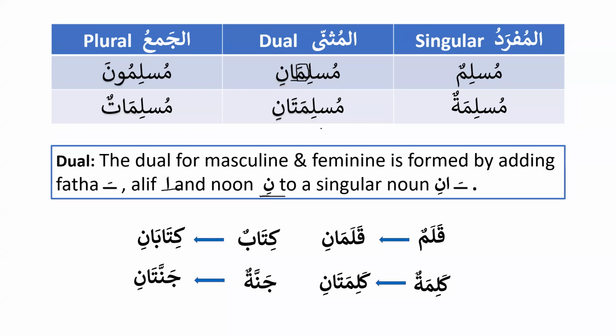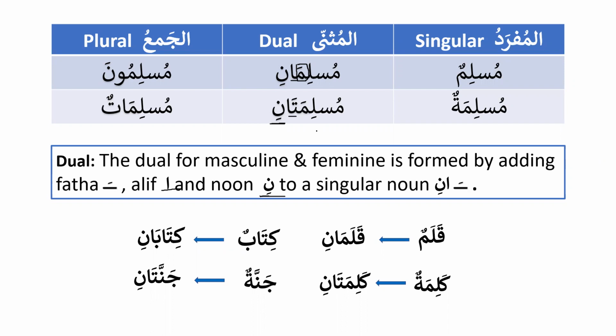And the same rule for the feminine, it will be muslimatun, and then the ta will change only to fatha. After that, we will add alif and then noon with kasra, so it becomes muslimatani, and the plural is muslimatun. So muslimun, muslimani, muslimuna, muslimatun, muslimatani, and muslimatun. So the dual also goes by the sound. What is the sound?